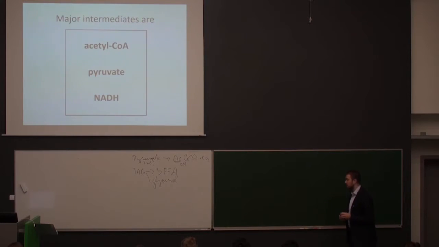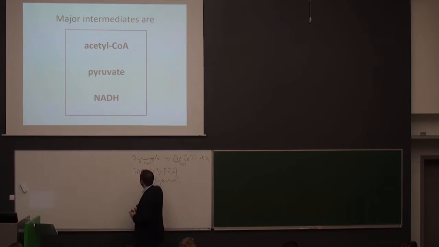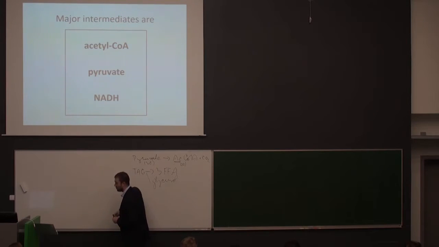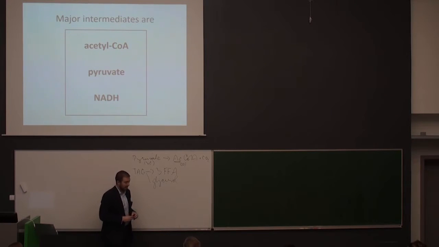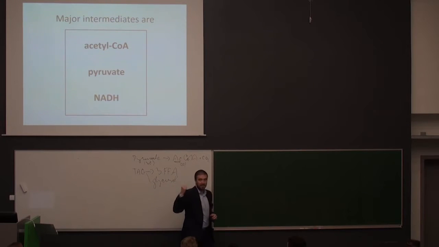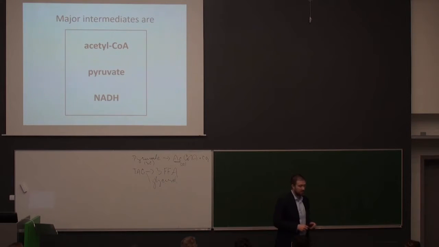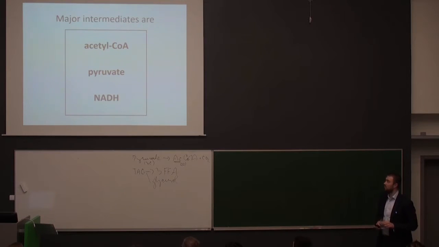And the last, before we start drawing, are these 3 intermediates. 2 of them you have on the board. That's the pyruvate, that's the acetyl coenzyme A, and what's the last? And what's its role in the metabolism?